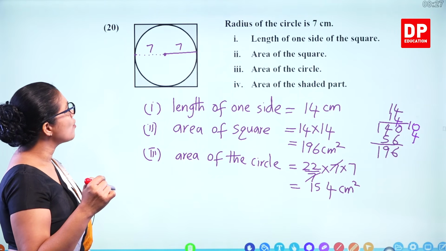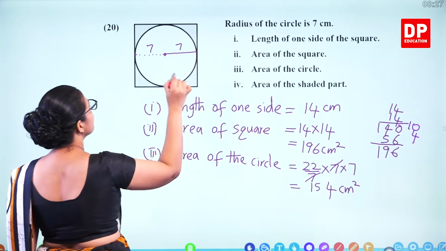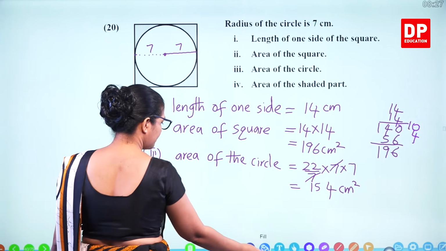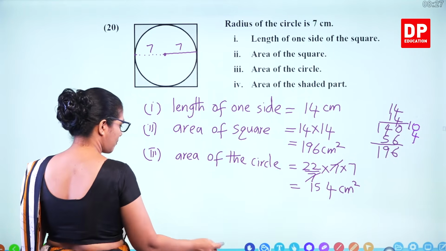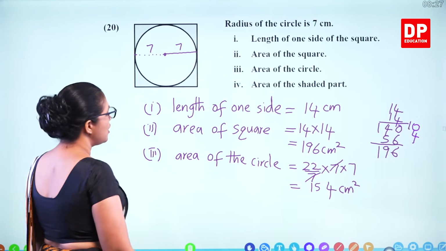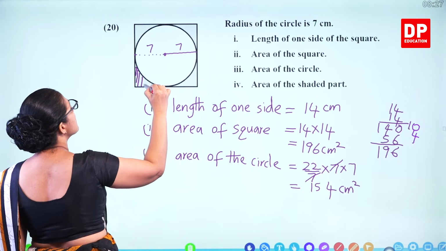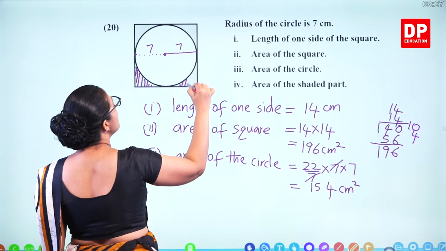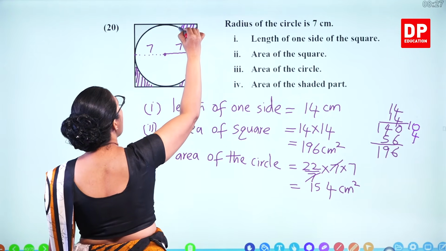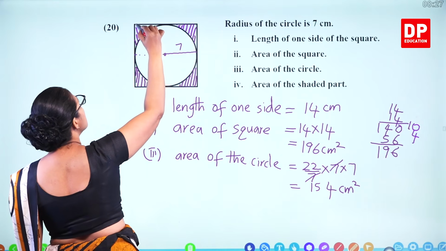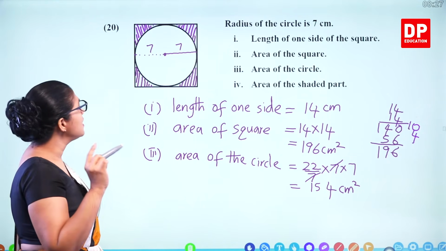How can we find out? We need to find out this area. So this part. So what you do, we have the area of the square. If we subtract the area of the circle from the area of the square, we get this part.